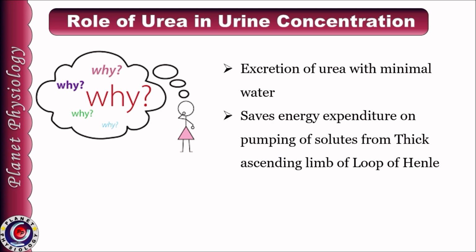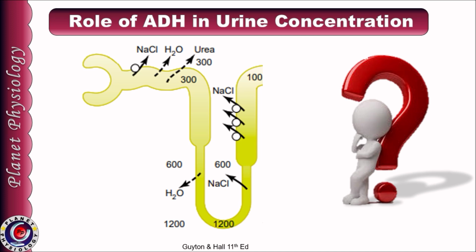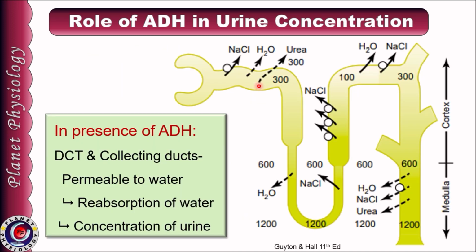Now, another question that can come to mind is, we are discussing concentrated urine formation, that is, urine formed must be hypertonic, but the filtrate that leaves the loop of Henle is very dilute, then how will it be concentrated? Normally, distal convoluted tubules and the collecting ducts are impermeable to water, but in presence of ADH, these segments become permeable and can reabsorb water.